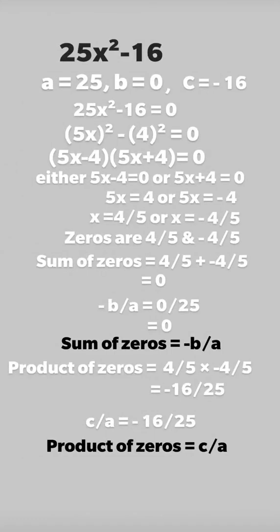So here we can conclude that for any quadratic polynomial of the form ax square plus bx plus c, sum of zeros is equal to minus b upon a and product of zeros is equal to c upon a. Once again I repeat, for any quadratic polynomial of the form ax square plus bx plus c, sum of zeros is equal to minus b upon a and product of zeros is equal to c upon a.